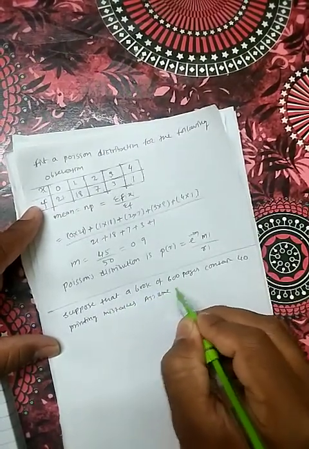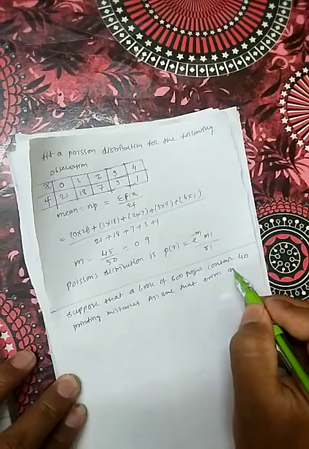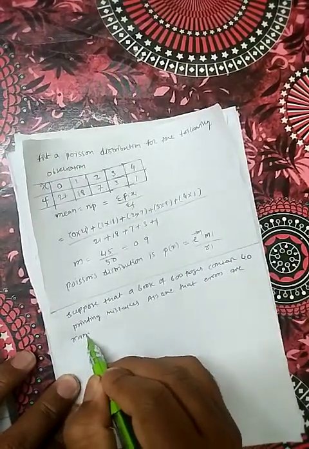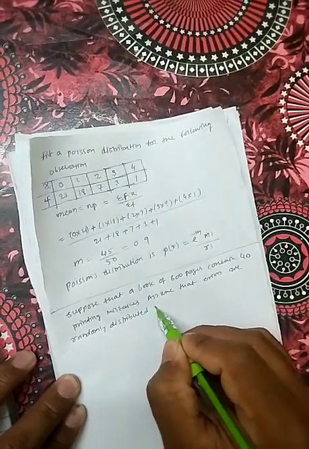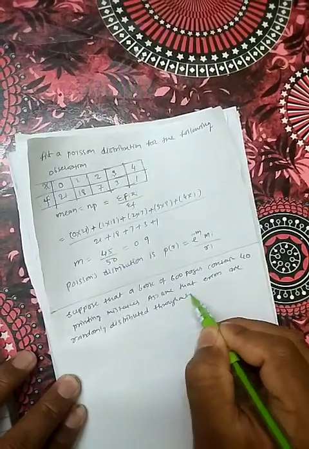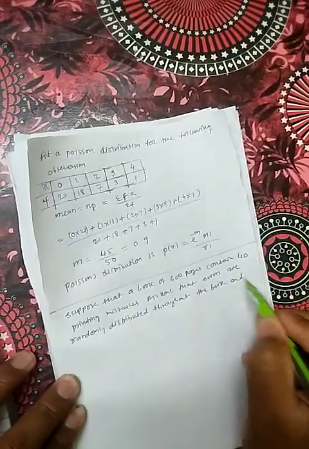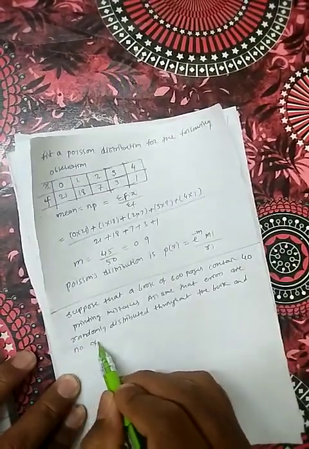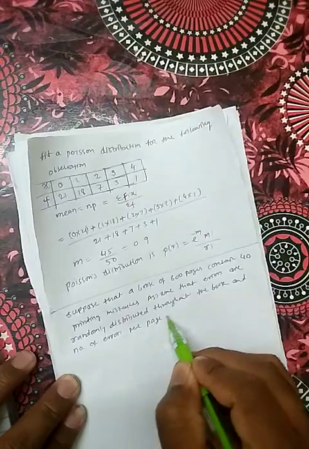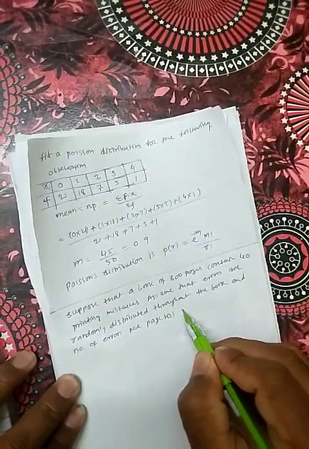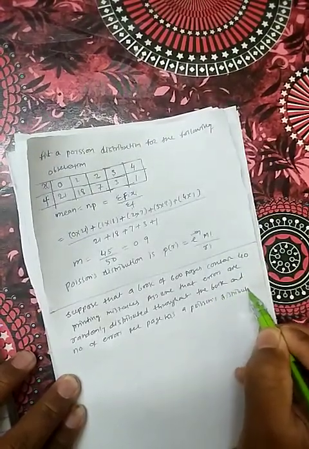Assume that errors are randomly distributed throughout the book and the number of errors per page has a Poisson distribution.